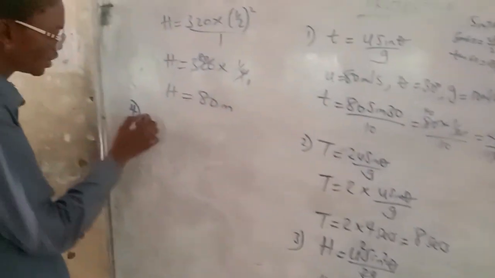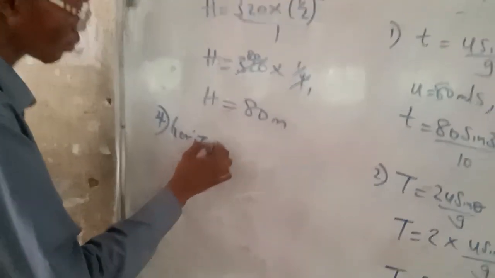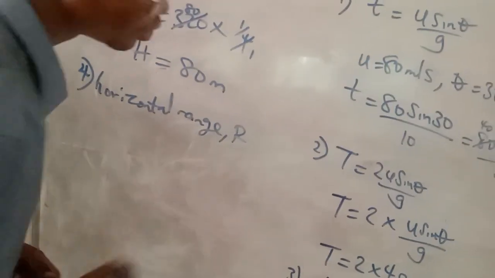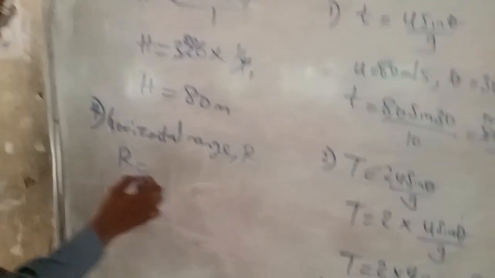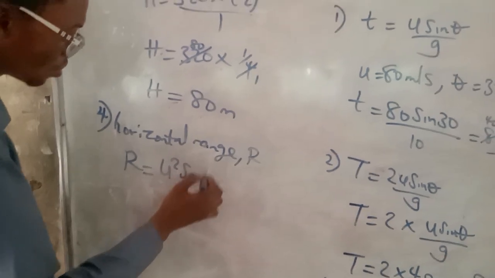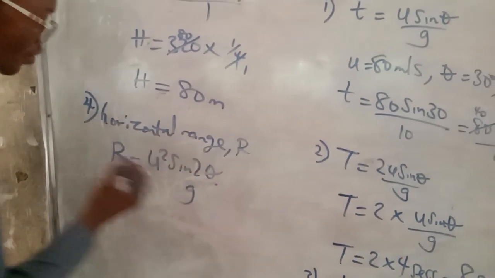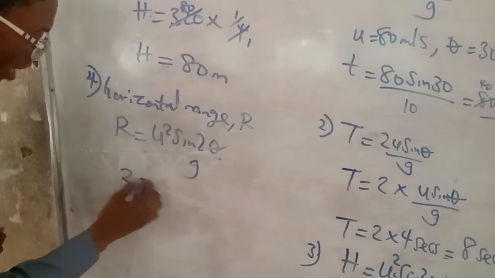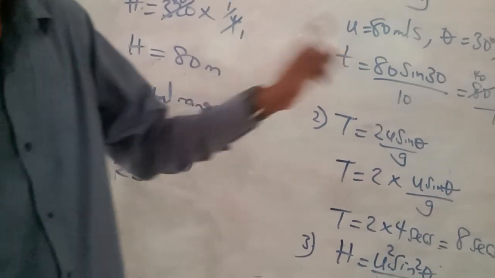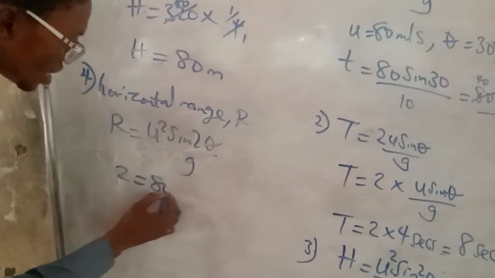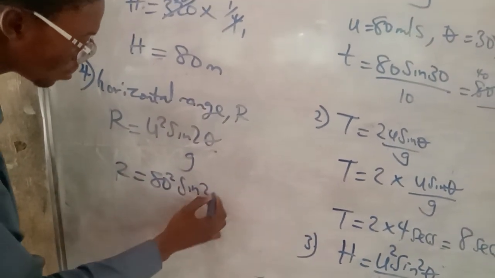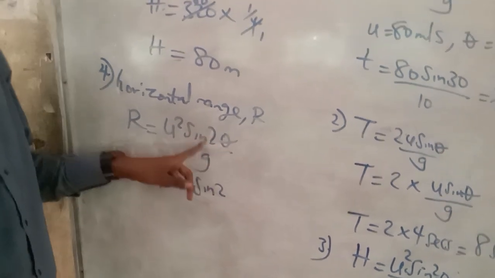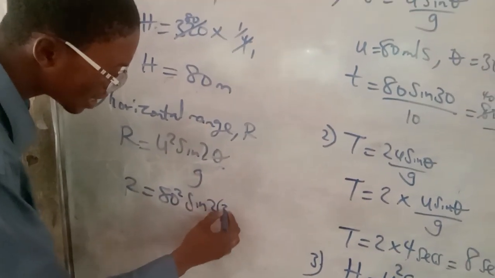Now let's go to the last question, which is our horizontal range, R. Our R will be u squared sine 2 theta over g. And our u is already given. Our u is 80. That is 80 squared sine 2 theta, that is 2 times your angle.